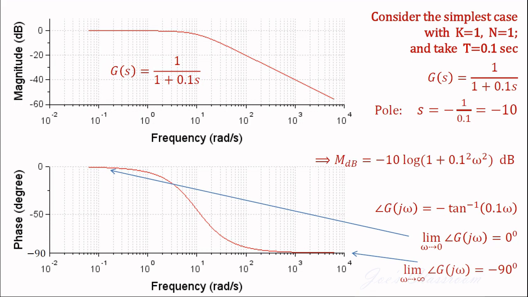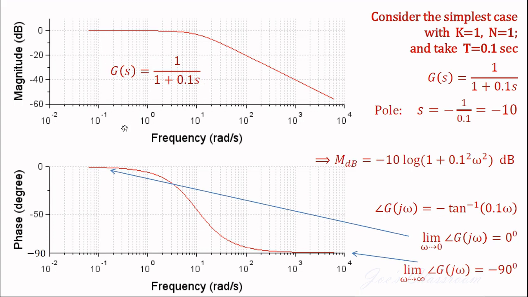Anyhow, when we compare this magnitude and phase plot with those magnitude and phase plots we learned in the previous lecture, we can notice a major difference. In the previous case, in the case of integrators and differentiators, both the magnitude and phase plots were simply straight lines.